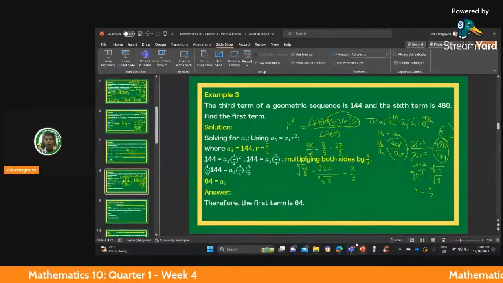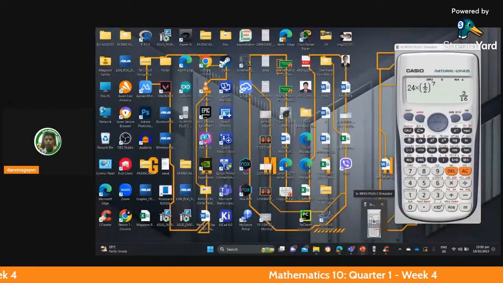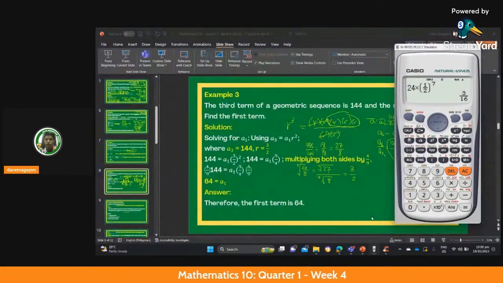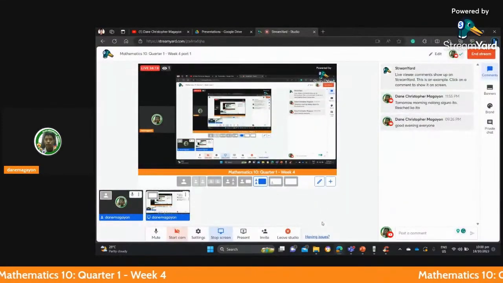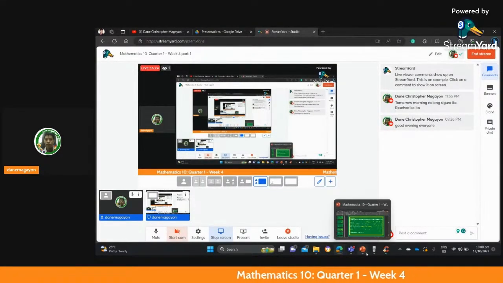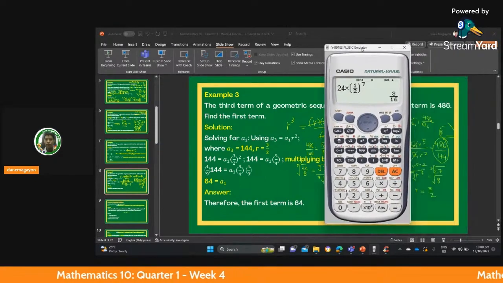So 3 halves yung magiging sagot natin for the part of common ratio. Ganun din siya sa case if we will try to answer this by the use of our calculators. So papakita ko siya, or papakita natin on how to obtain this using our calculator. Ito yung calculator natin.